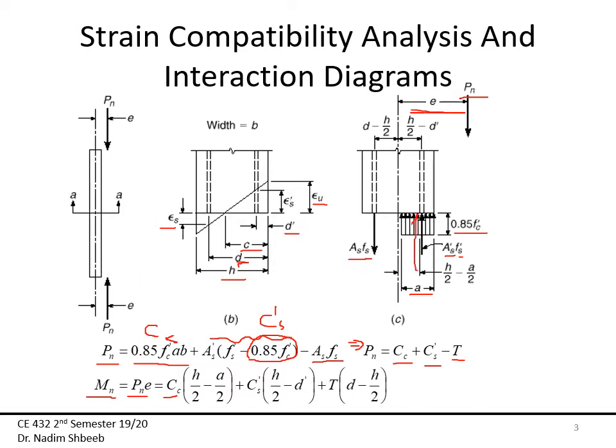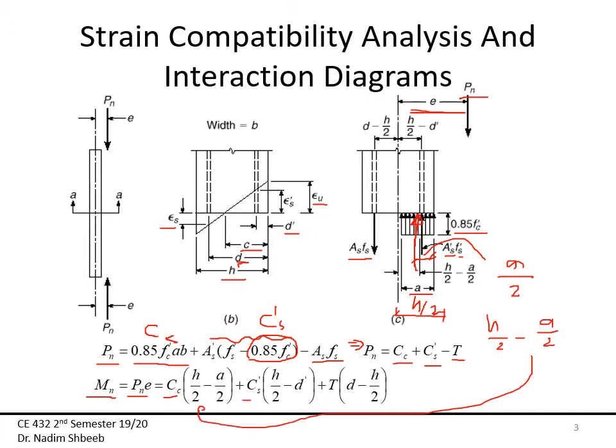a/2. Okay, so this is my compressive force right here, and that's going to be a/2. If I know that this whole distance is h/2, again being my geometric center, then my moment is going to be h/2 minus a/2, which I just put in right here, times that Cc.